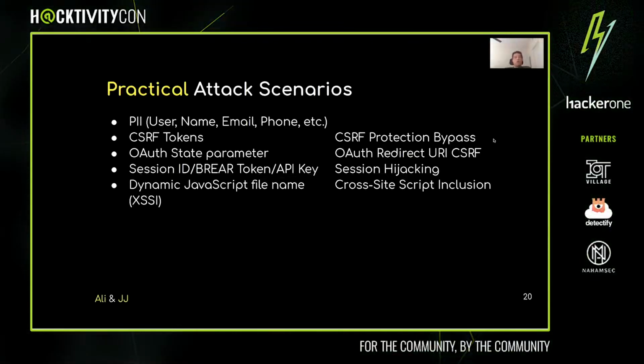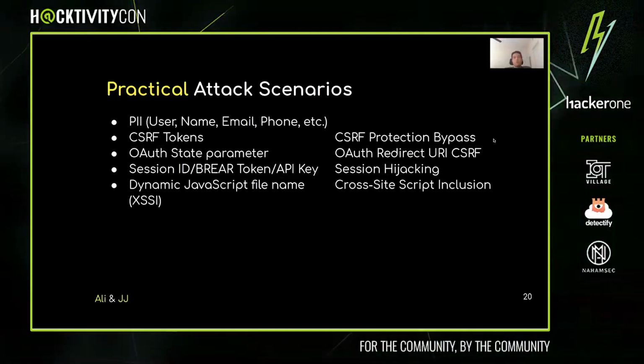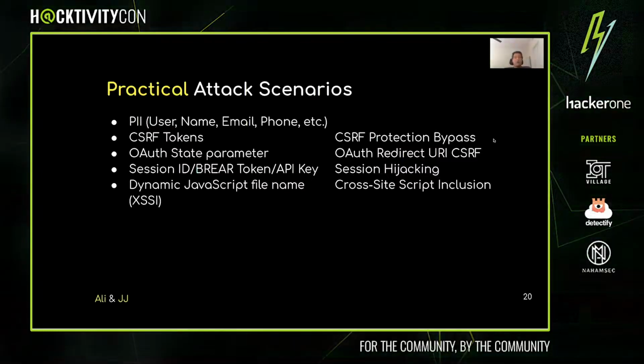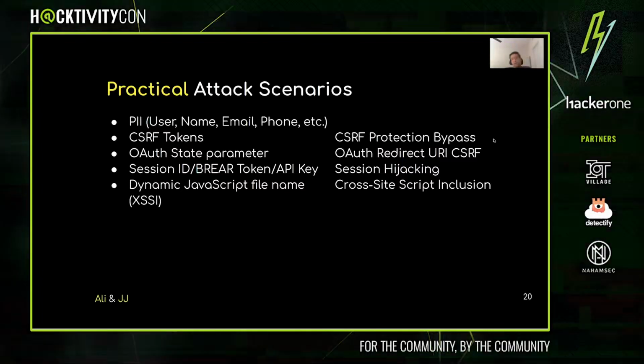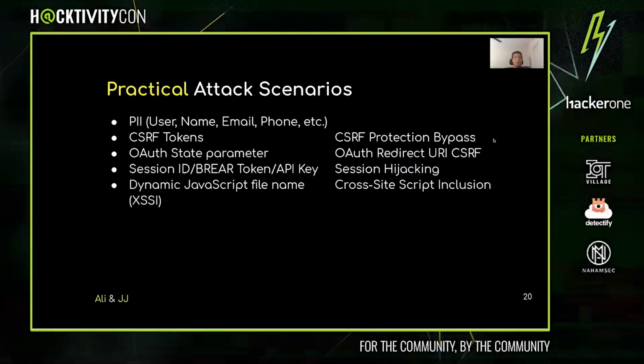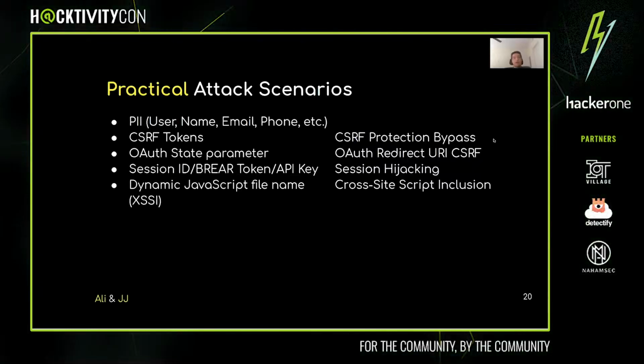Or also we discovered session identifiers, OAuth bearer tokens, or API tokens, which means session hijacking is still an effective attack scenario in combination with web cache deception. Then web cache deception also might be used to disclose some private file names, like dynamic JavaScript file names, opening the doors for cross-site script inclusion.